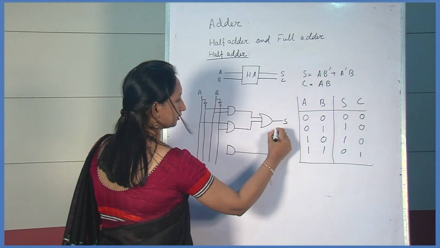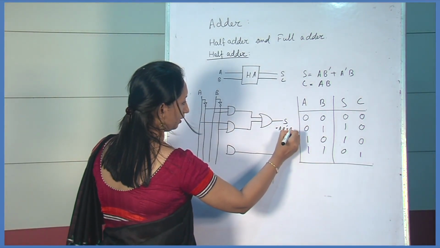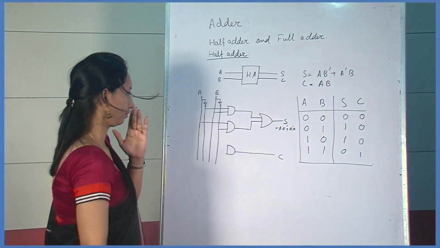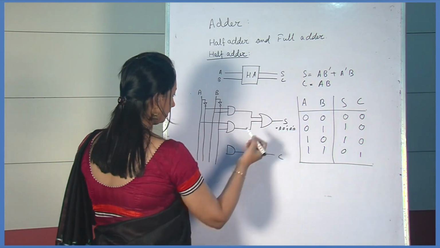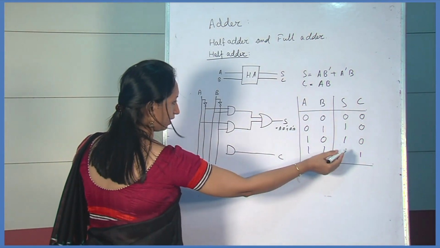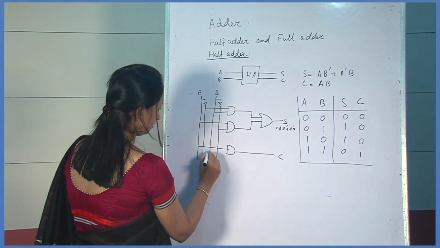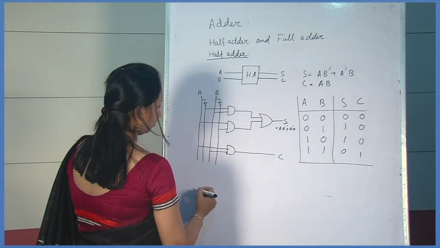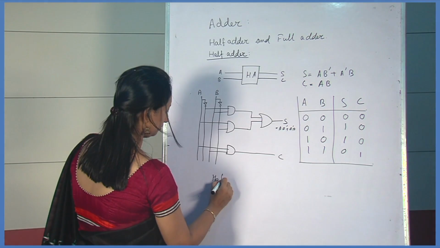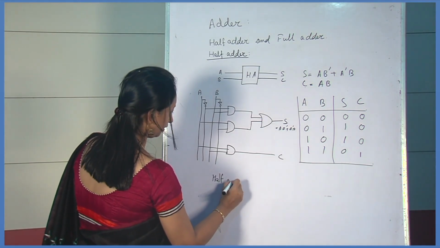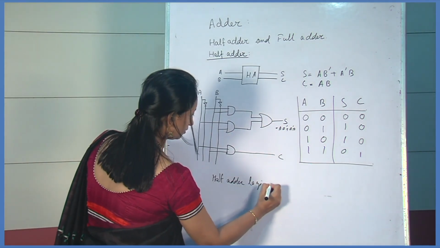So the output is A B bar plus A bar B. And in the next case, the carry is A into B. So when A is high and B is high, carry is 1. So this is the half adder logic circuit.